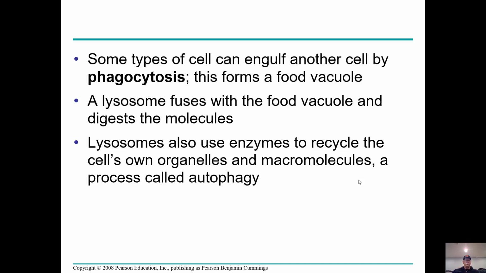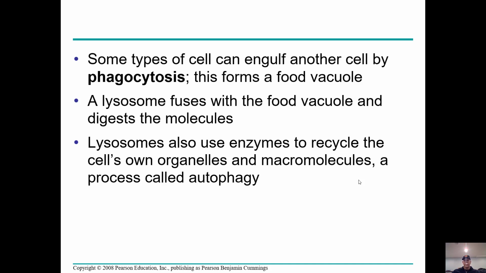So the lysosome, like I said, is going to be very important for processing food that comes into a cell. There's a process called phagocytosis, which means cell eating. So when the cell is able to eat another cell, the lysosome will meet the vesicle that's formed through phagocytosis.